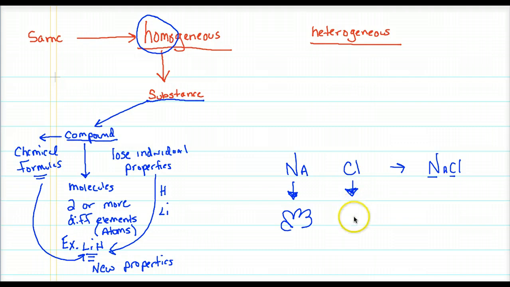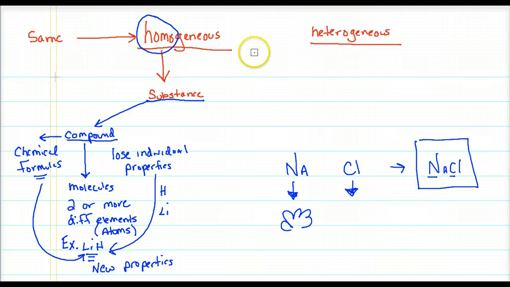So we have a poisonous gas and an explosive element. They come together and they make table salt. Now we know table salt doesn't explode in our mouth, and it certainly doesn't harm us because of the toxicity of the chlorine. So these have their individual properties, and they get new properties. Notice the chemical formula, 1 sodium per 1 chlorine, because that number per each of them also could change the properties. So sodium chloride, table salt, has 1 sodium per 1 chlorine.